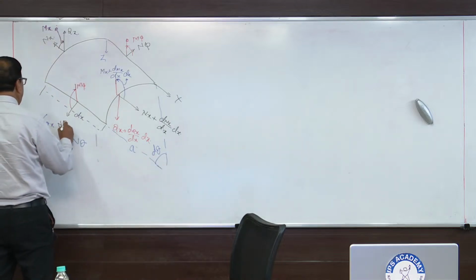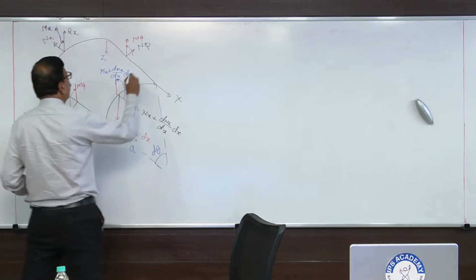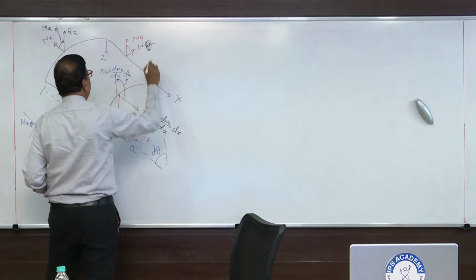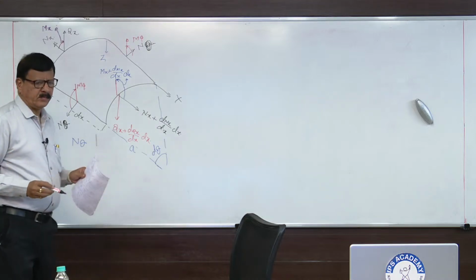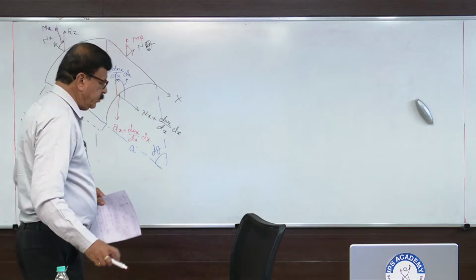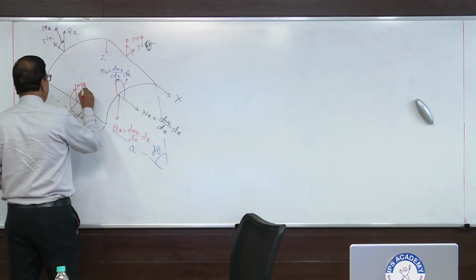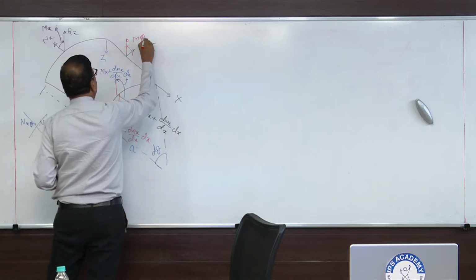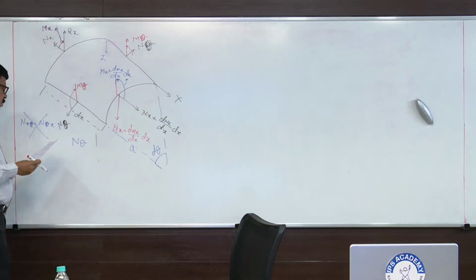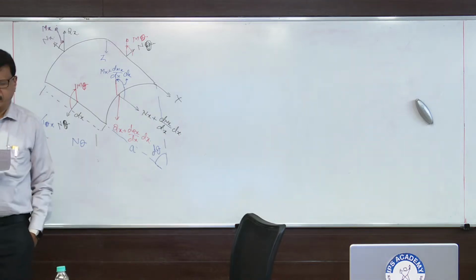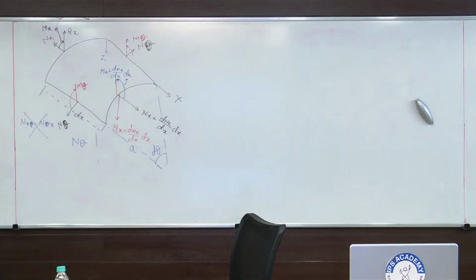You make it N theta everywhere. क्या लिखा? Along the circumference.